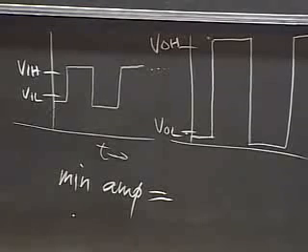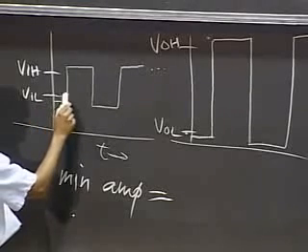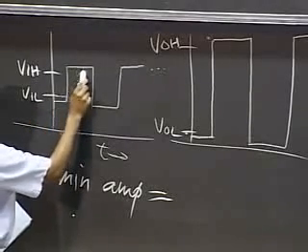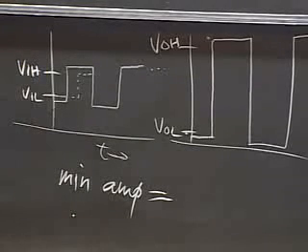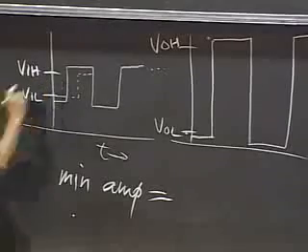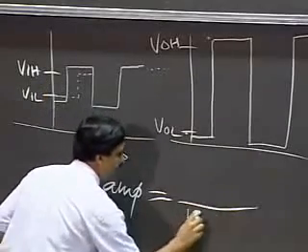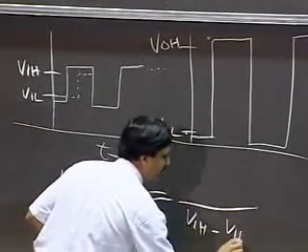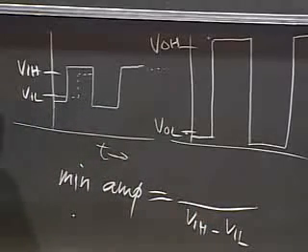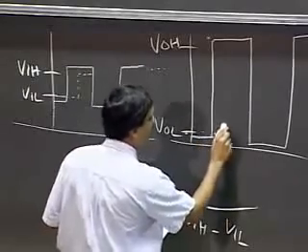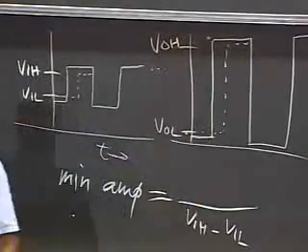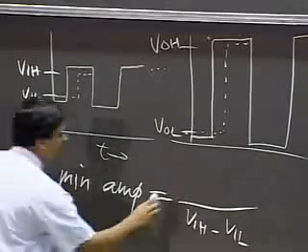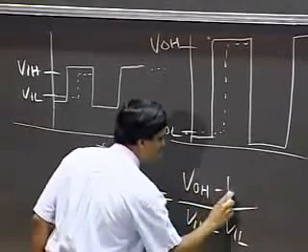The minimum amplification is if I had a signal that looked like this, that barely skimmed the VIL, VIH level. So if the signal were this high, peak to peak, VIH minus VIL. And what's the absolute minimum signal at the output? It would look something like this, barely skimming VOL and VOH. So the corresponding output level would be VOH minus VOL.